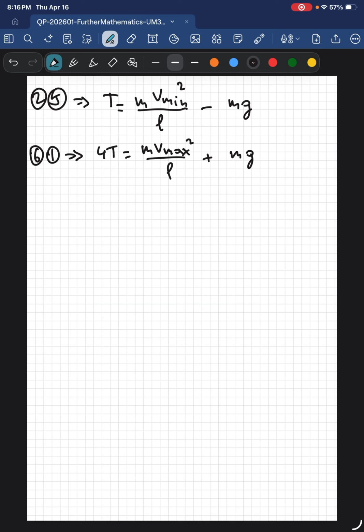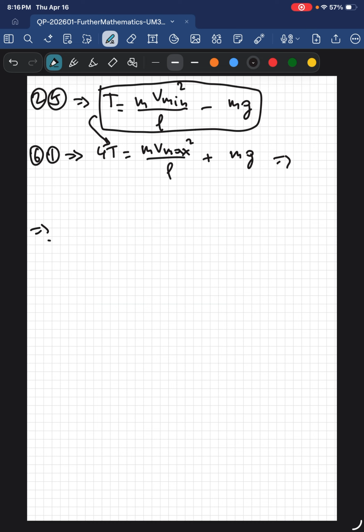So now we will plug this equation into that one.